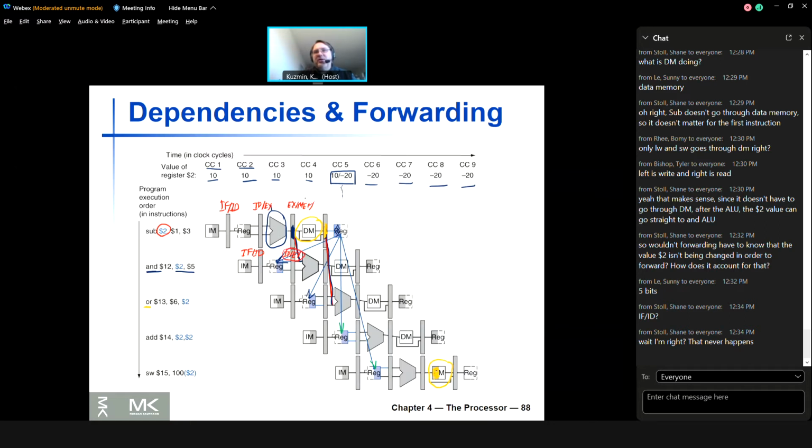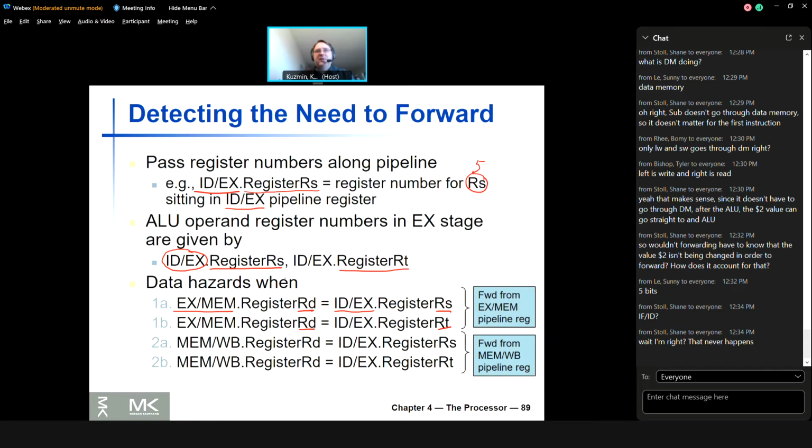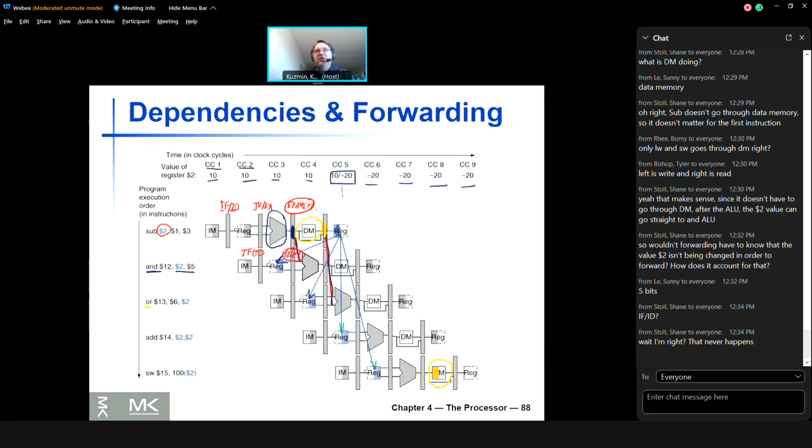So EX/MEM RD is the destination, like our register 2 is the destination, so it will be stored here, and ID/EX either RS or RT.